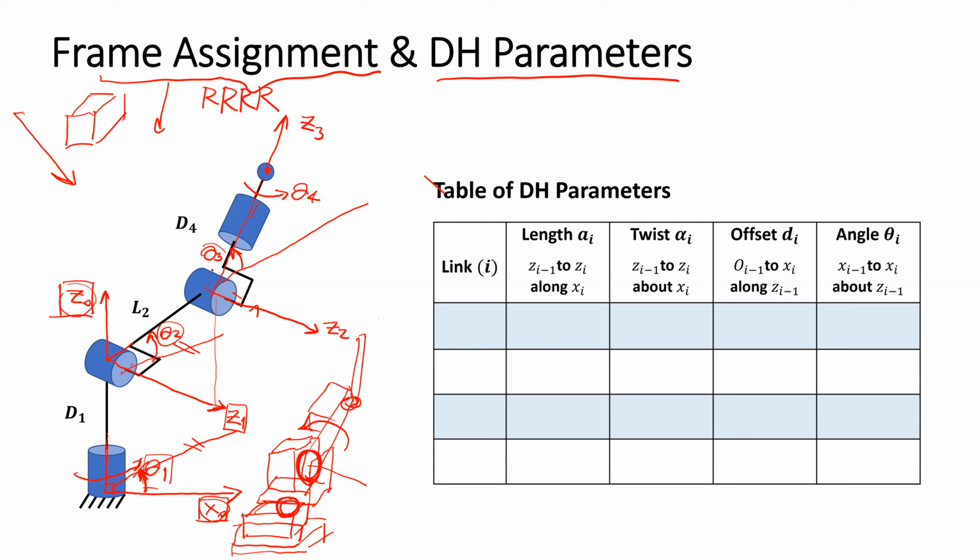The axis of rotation of theta 3 we have z2, and the axis of rotation of theta 4 we have z3. And what should be x1? z1 is this axis. I'm going to assign x1 in this direction.